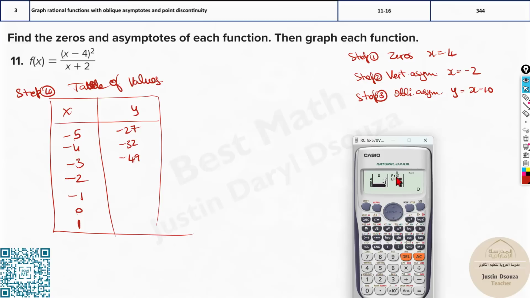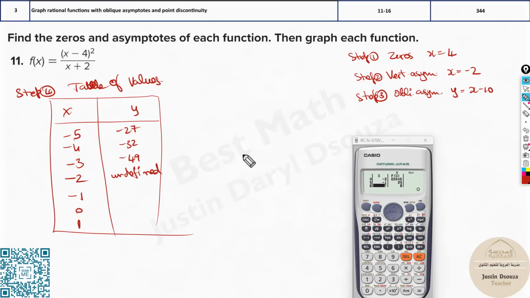See, you get an error at minus 2 because obviously there is a vertical asymptote. At minus 2 you will not have any value. You can write over here vertical asymptote or just write error. That's fine because it's already there. You can just write it over here. That is undefined. So a better word would be undefined.